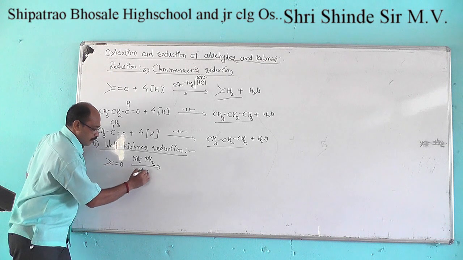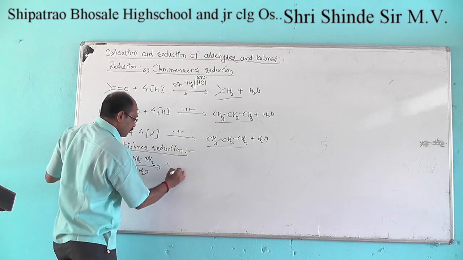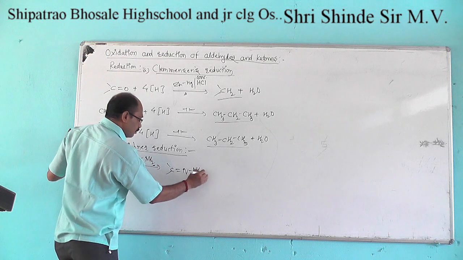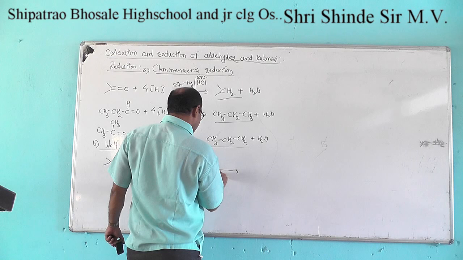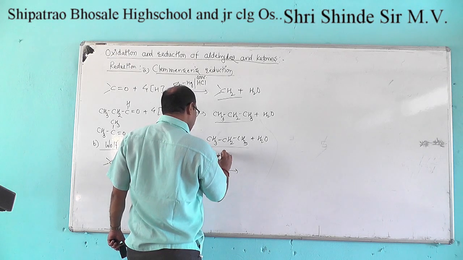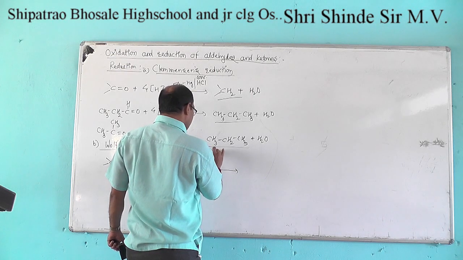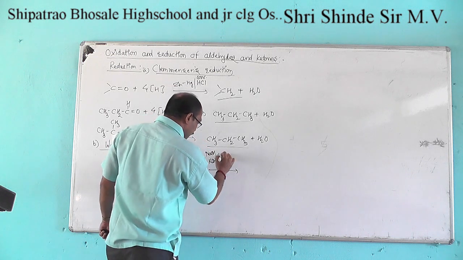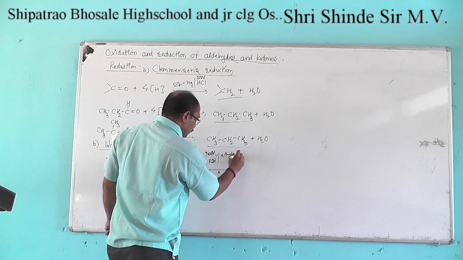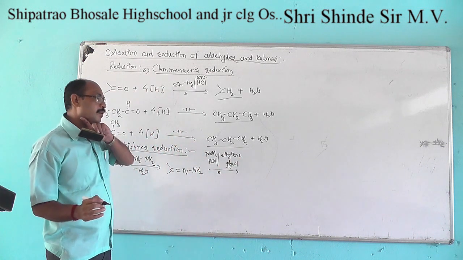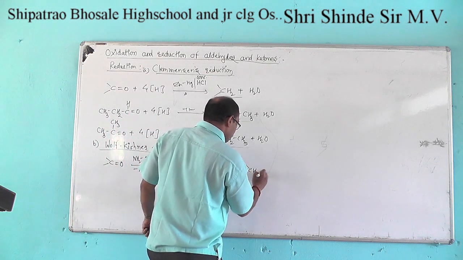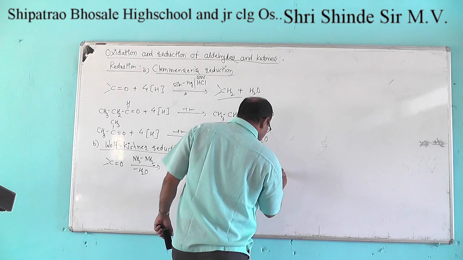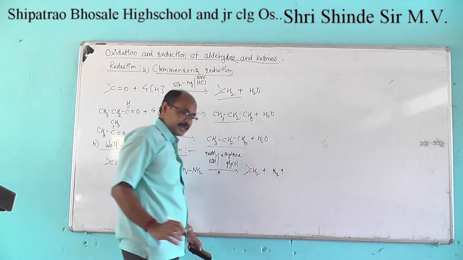It loses a water molecule to have the formation of corresponding hydrazone, which on strongly heating with potassium hydroxide or sodium hydroxide in the presence of ethylene glycol, which is a higher boiling point solvent, gives us the formation of corresponding saturated hydrocarbon with the liberation of nitrogen gas.